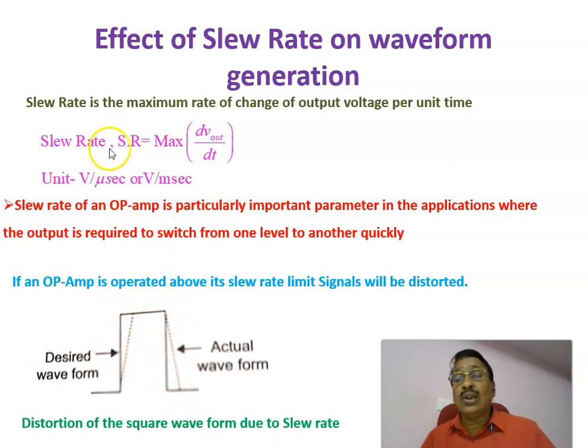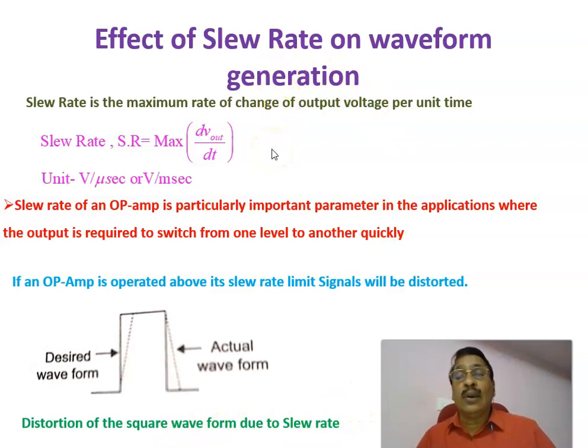But because of the slew rate of the op-amp, rather than changing like this, it takes some delay, and the voltage changes gradually from this point to this point. This is the actual waveform, and this is the ideal one. Therefore, the distortion of the square waveform is due to the slew rate of the op-amp.